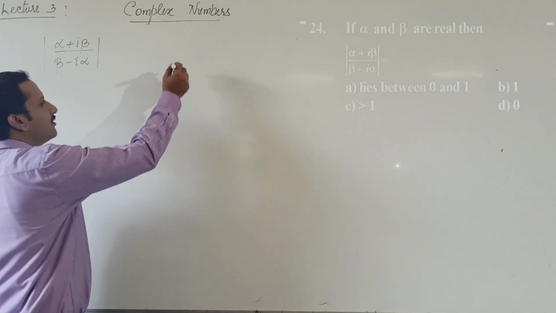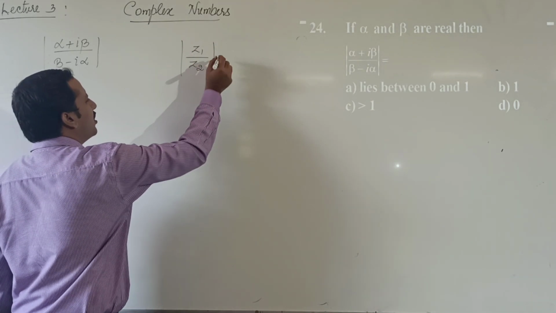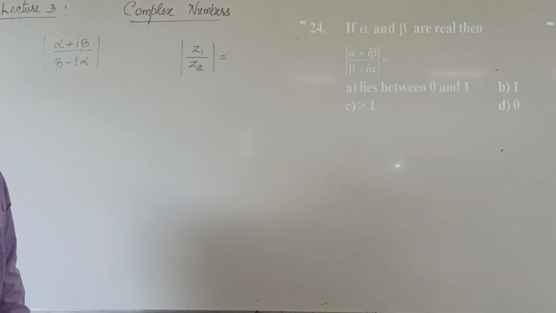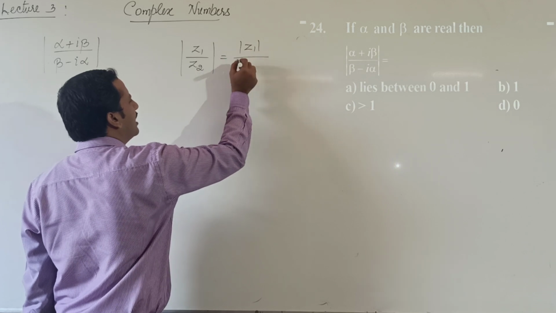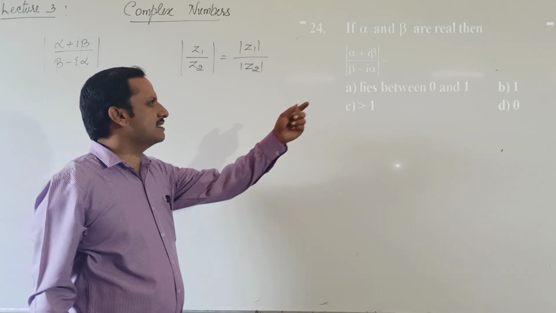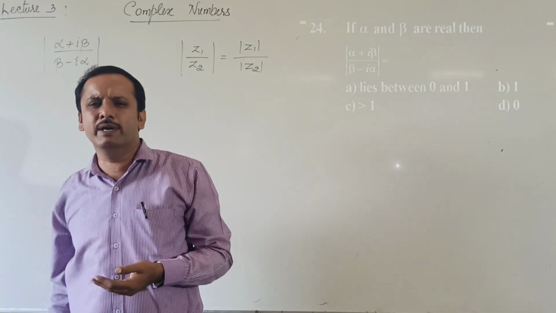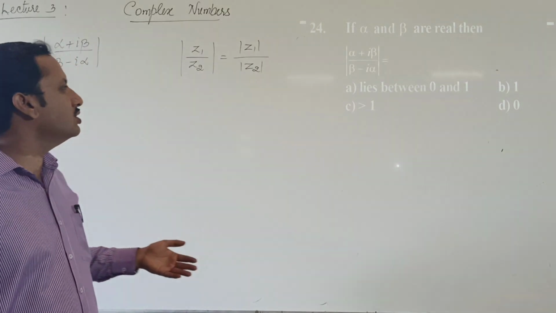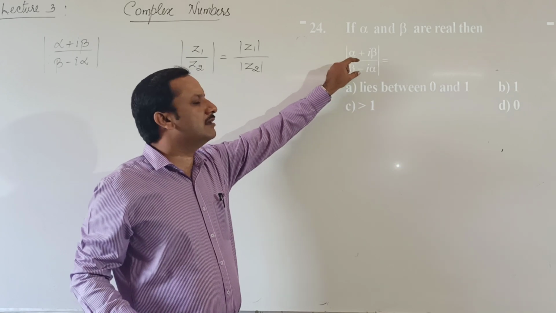There is one of the properties of modulus, which is modulus of z1 by z2 is equal to modulus of z1 divided by modulus of z2. So these are two different complex numbers. Alpha plus i beta is one complex number, beta minus i alpha is another complex number. I can find them separately.